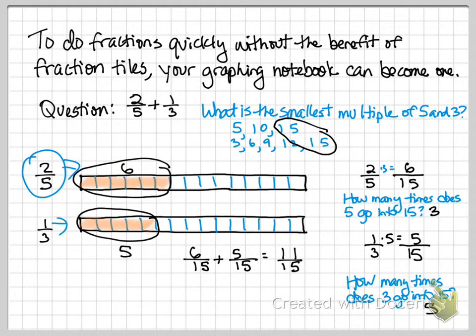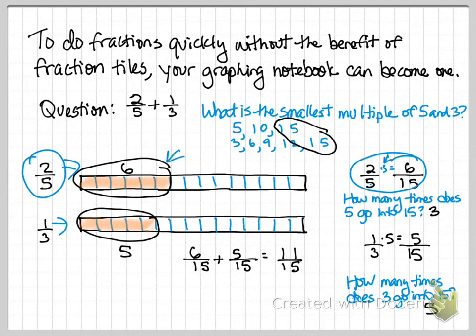Right over here on the side, I ask how many times does 5 go into 15? That's 3. I then multiply 2 times 3, which is 6. So this is saying that 2/5 and 6/15 are worth the same amount. I then take a different color and shade 6 of these little squares.